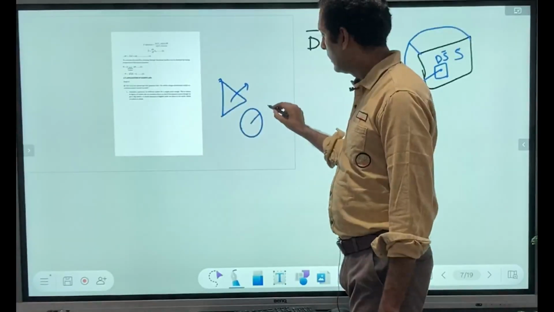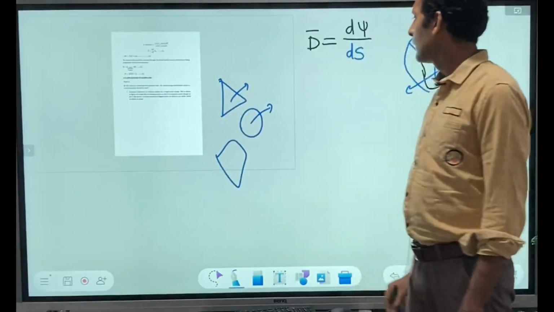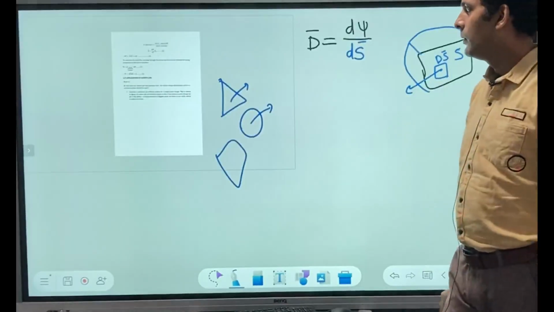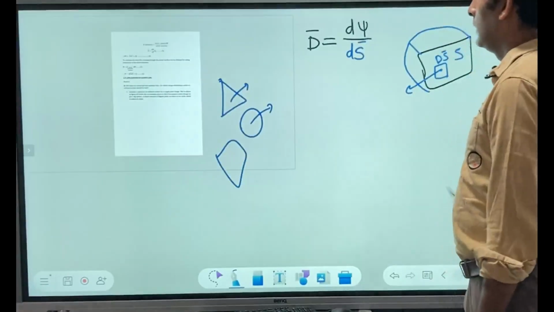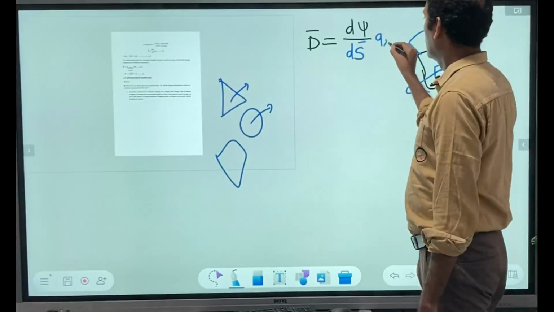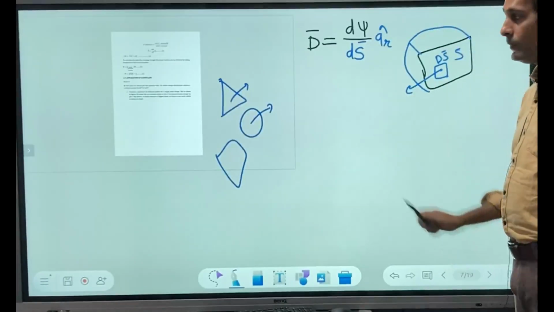It may have any shape, right? Okay, so this is D bar equal to d psi by ds bar. Along with that we have to add the direction, so it can be written as ar cap.